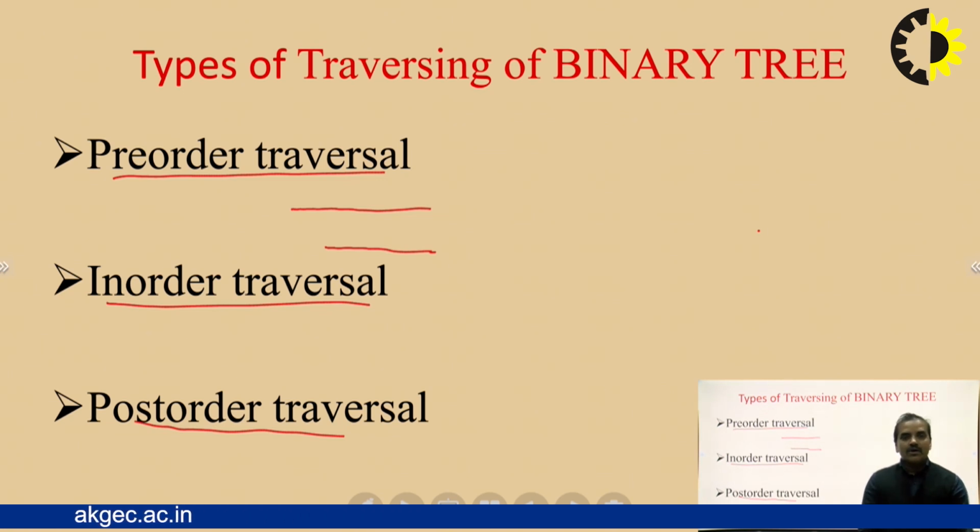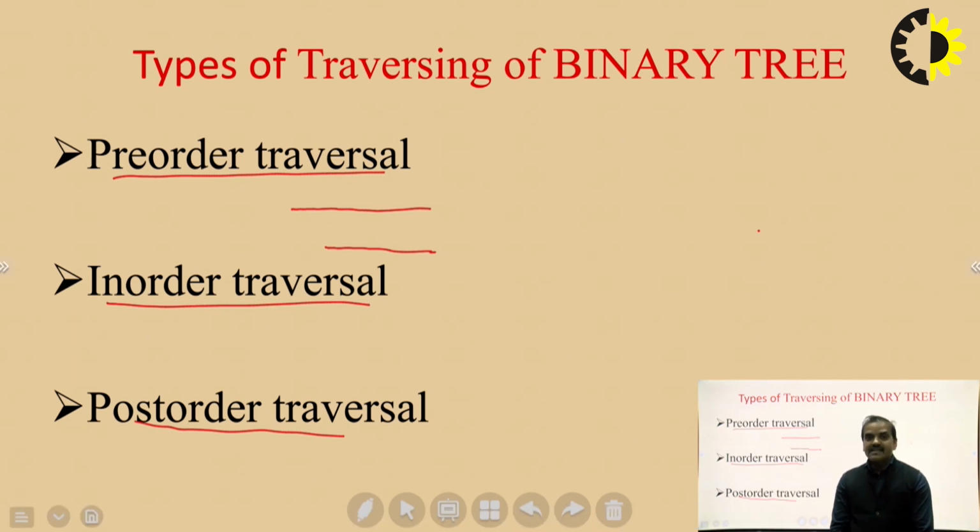In case of pre-order, we have to process the root node first, then process the left subtree, then process the right subtree. In case of in-order traversal, we have to process first the left subtree, then the root, then the right subtree.